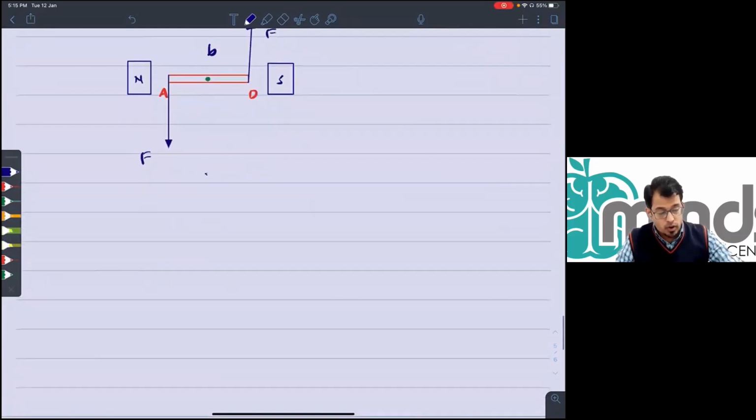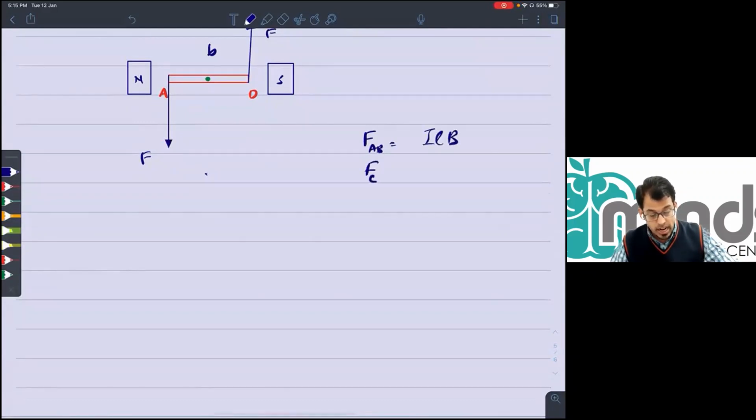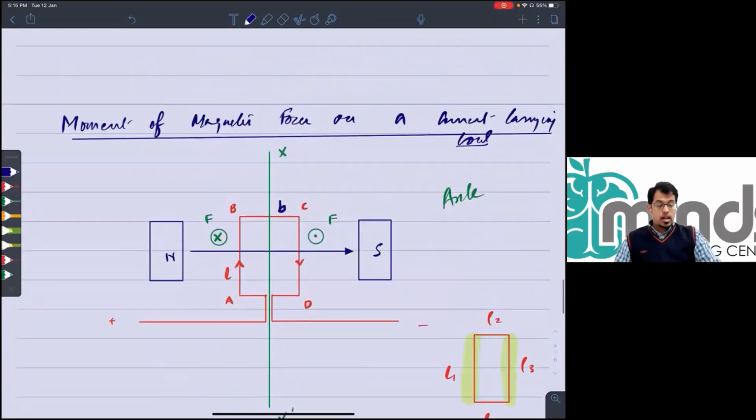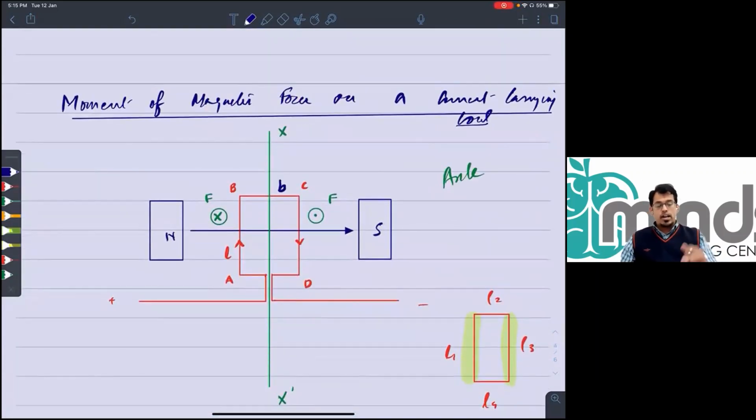If I talk about force on side AB, it should be ILB. So force on side CD should also be ILB because we have same current, same length, and same field of induction. So both the forces are equal in magnitude. The only difference is if one is into the board, other is out of the board.